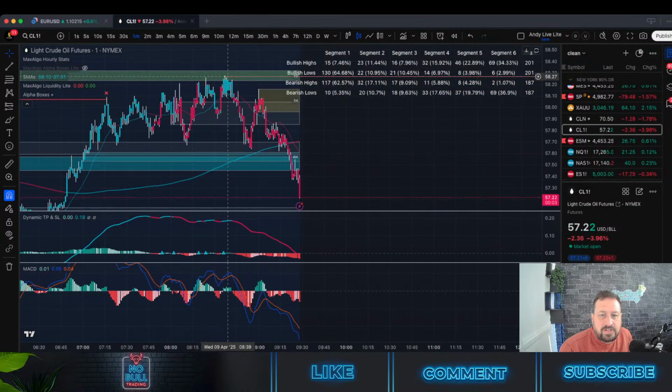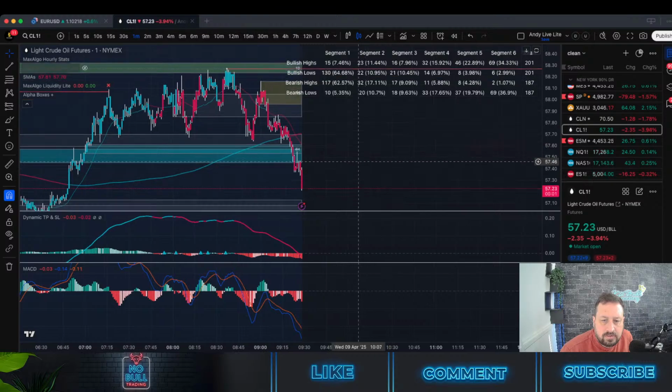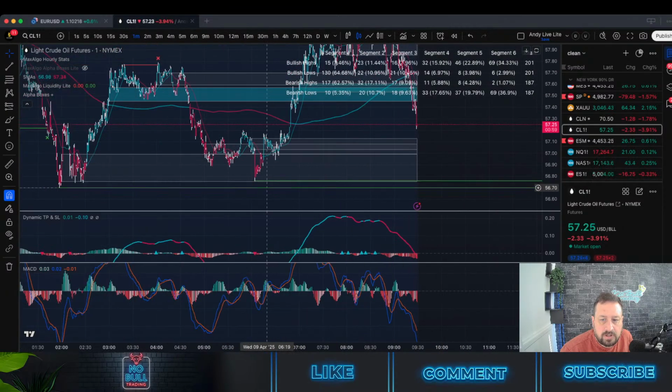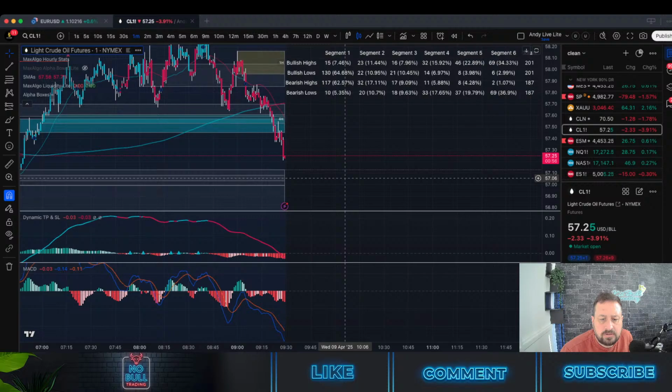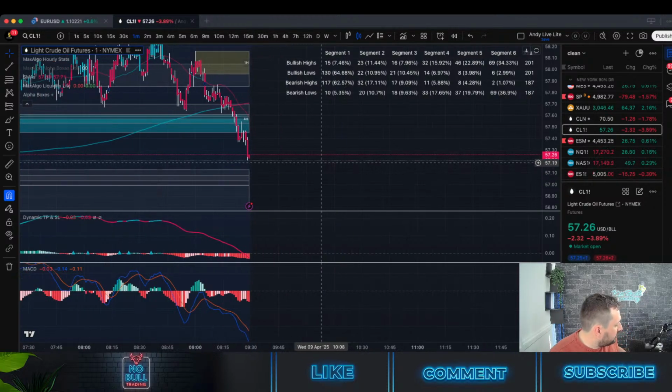That rejection off the daily, maybe sending us right back for a new low. We've got half an hour until we get another 4-hour candle.